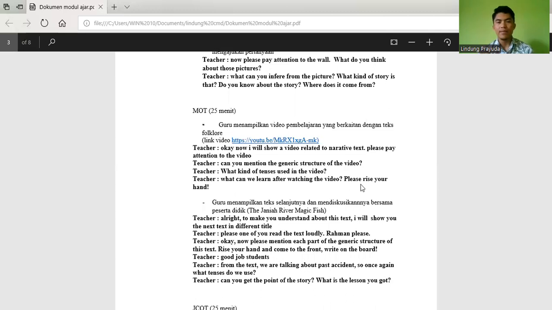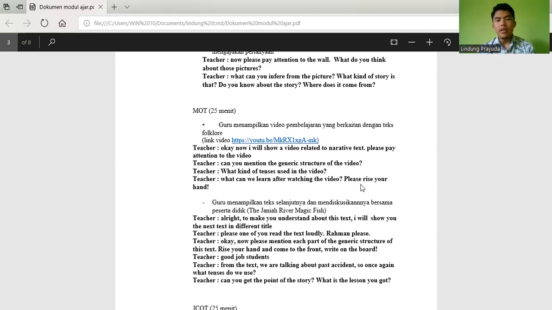But in this text, the teacher will show only a text on the wall, on the infocus. And then the teacher asks one or some of the students to read the text on the wall, and the other students will hear their friends read the text, or they can read it by themselves.